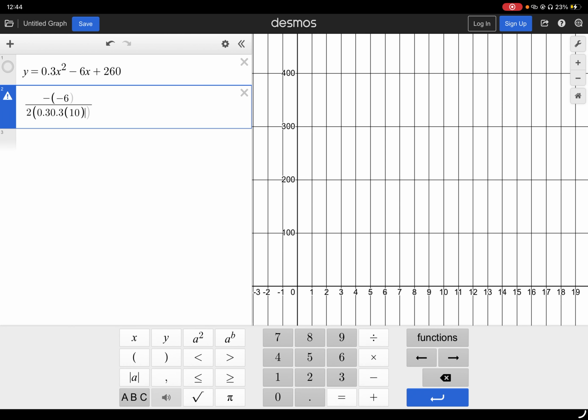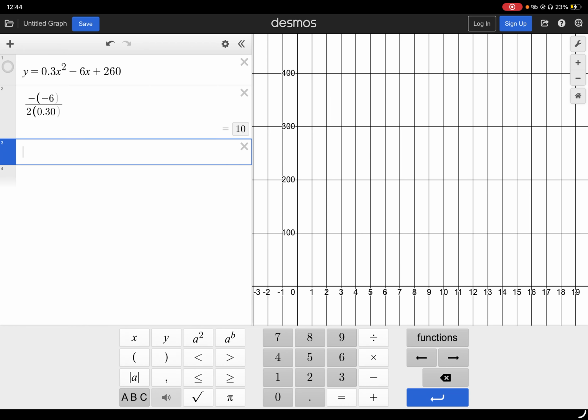Oh, wrong, not there. Let me enter it and do it in this line. So 0.3, our x value is going to be replaced with 10. And we get a total of 230.